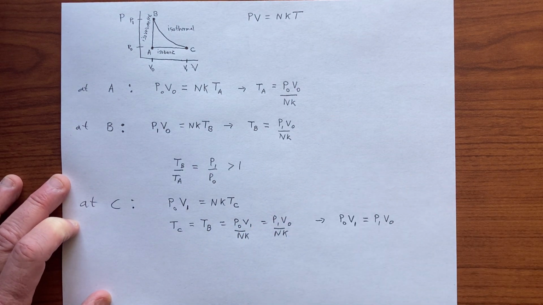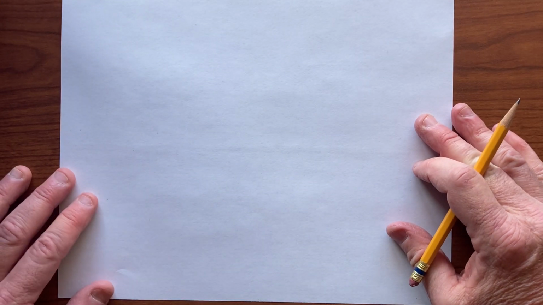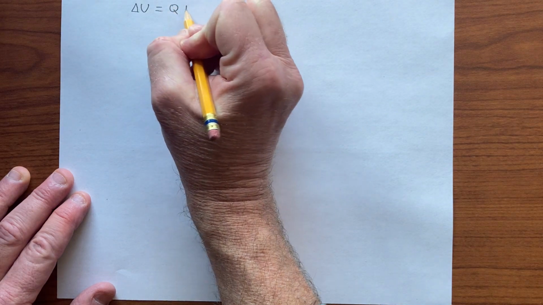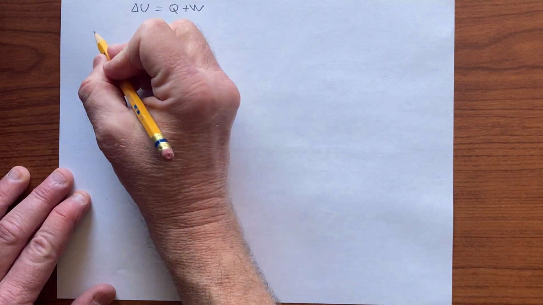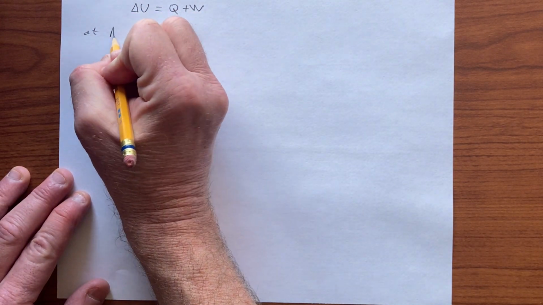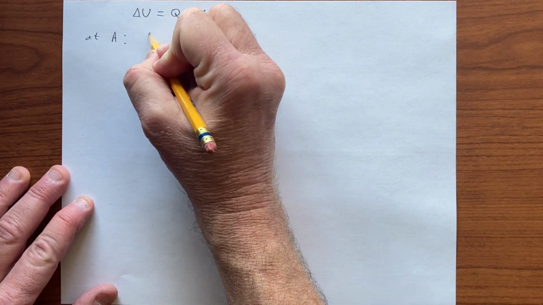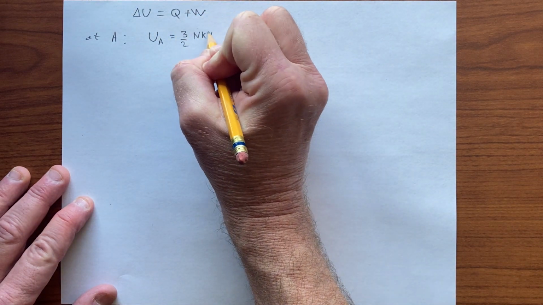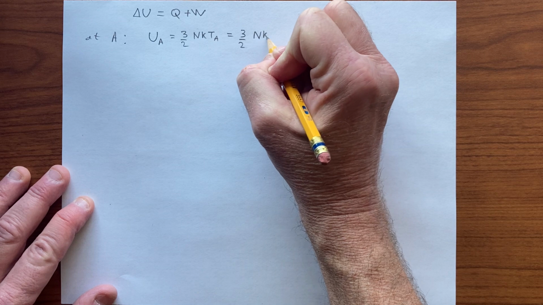Let's look now at, let's get another sheet. Let's look at what the first law of thermodynamics tells us. So we have delta U equals Q plus W. And at point A, we can say that the internal energy is equal to 3/2 NK TA.